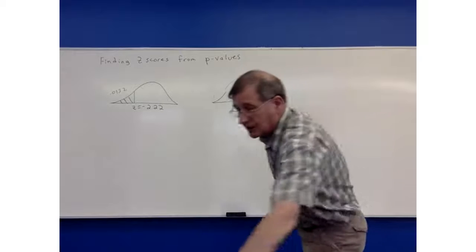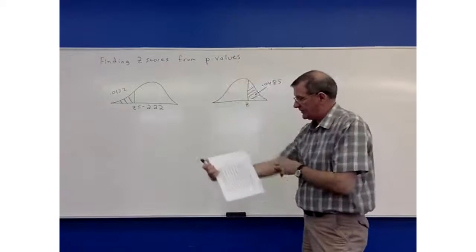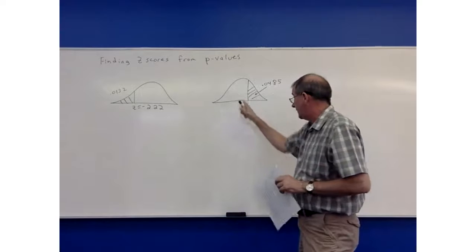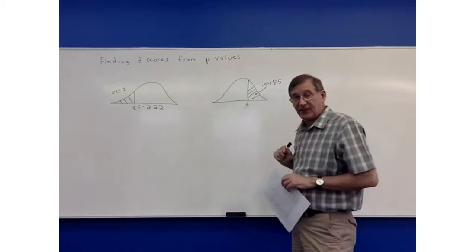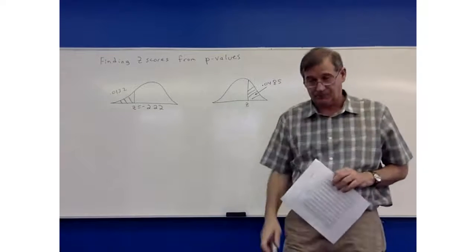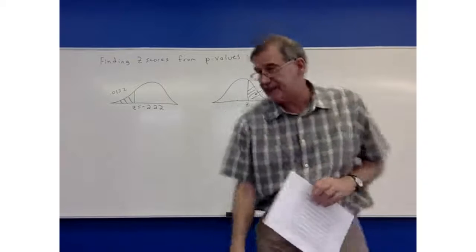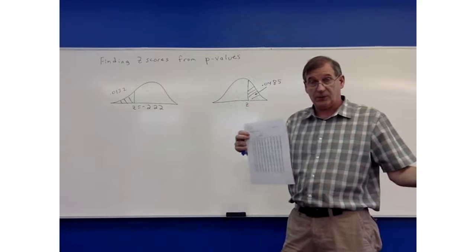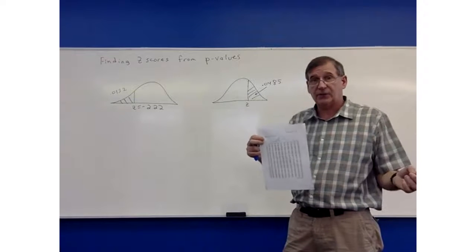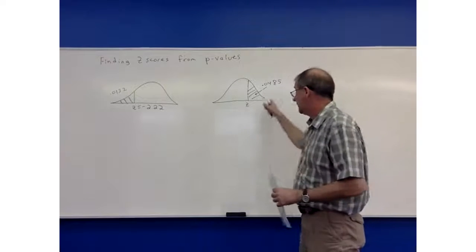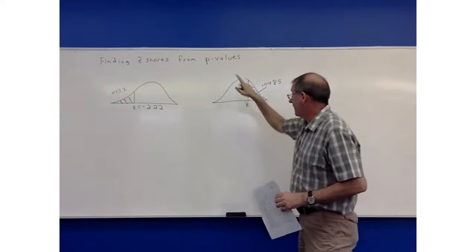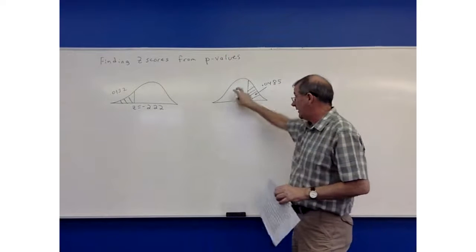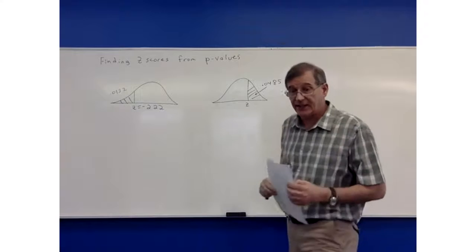Now let's look at the next one. If you recall, and this is always going to apply, this table gives you the area to the left of z. This gives us the area to the right. We got the wrong area. So how do we find the area to the left? We use the properties of a probability distribution. We know that the area under the curve adds to 1. So if we take 1 minus this number, it will give us that area right there.